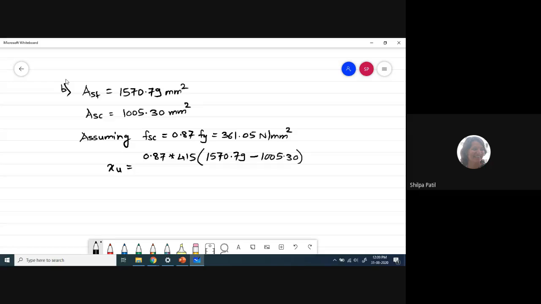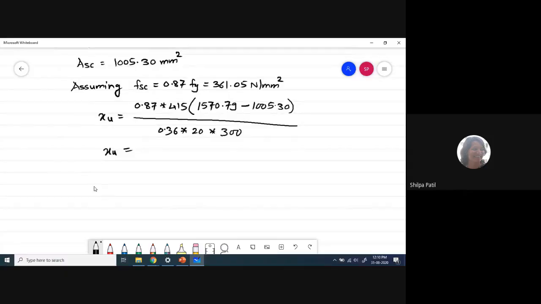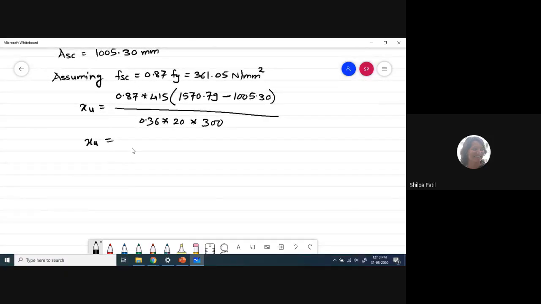Again, I have taken 0.87 FY common, divided by 0.36 FCK into B. So tell me the XU value. What is the XU value? 94.52.